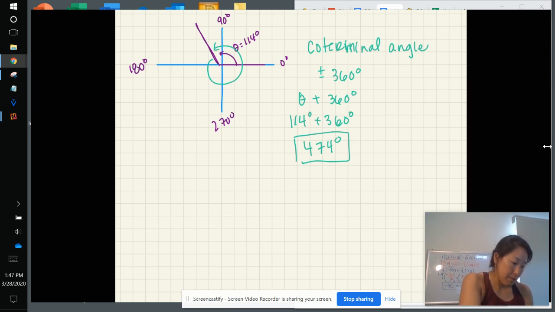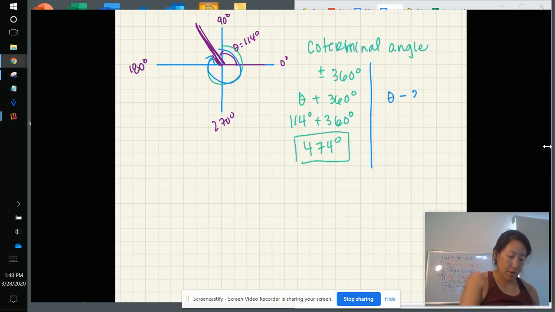So this time I'm going to take this arm, and instead of continuing on in the counterclockwise direction, I'm going to spin it back. So I'm going to unwind. This time I'm going to take my theta and subtract 360 degrees.